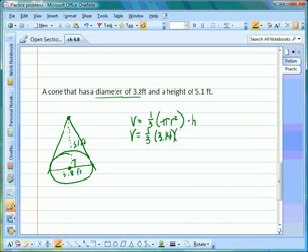Let's see, 3.8 divided by 2, because 3.8 is the diameter, is 1.9, and then we have to square that. We get 3.61. 3.61 times the height, which is 5.1. Then you punch all that into your calculator, 1/3 times 3.14 times 3.61 times 5.1, and you should get 19.2 feet cubed.